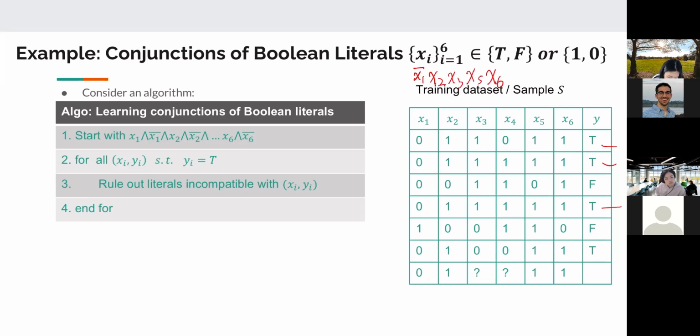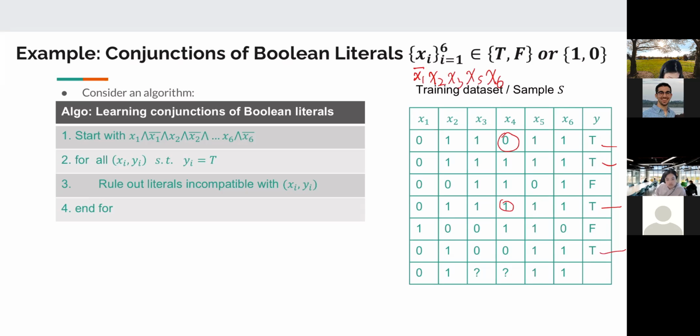What about this one? This one tells me that there is a conflict. So x4 should be ruled out, and I indeed ruled out x4. So that's fine. What about this one?